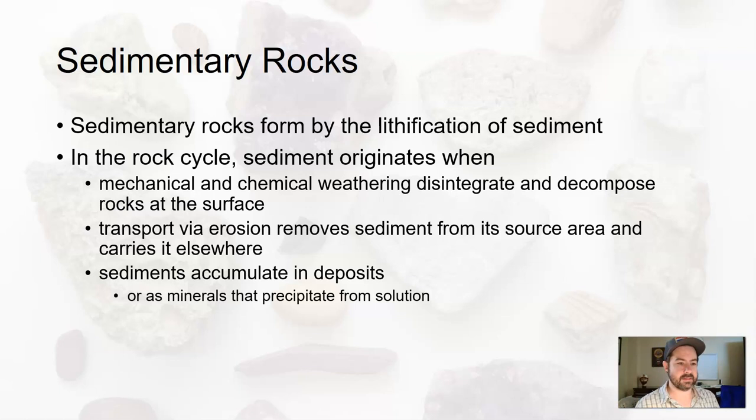Other ways sediment can accumulate is that it precipitates out of solution, meaning in water you can have dissolved sediment. If you, maybe not in your house, but if you've ever seen a shower with that kind of white crusty stuff around it, that's actually sediment that's in water. It's called hard water.